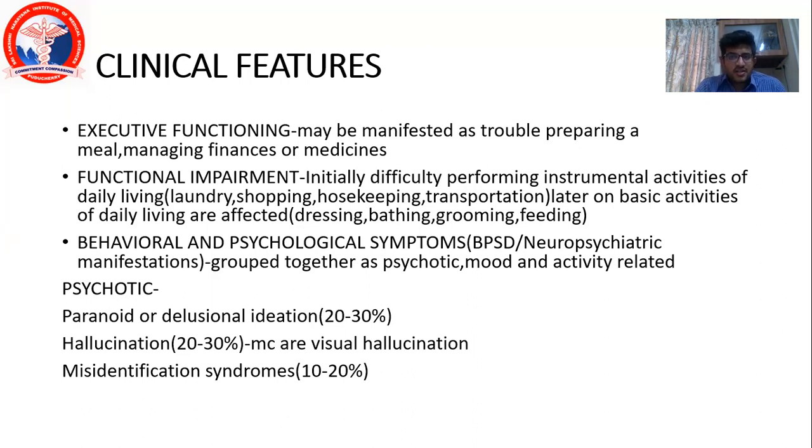These are many of the executive functioning tests that are used. Executive function is generally to plan, program, and do a certain set of instructions or to set a task. So that is called executive function.